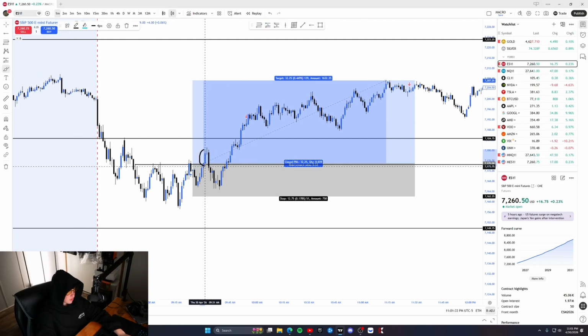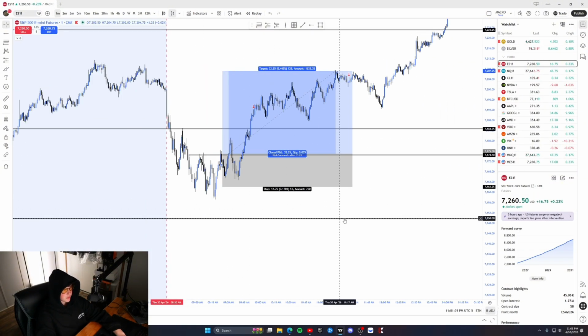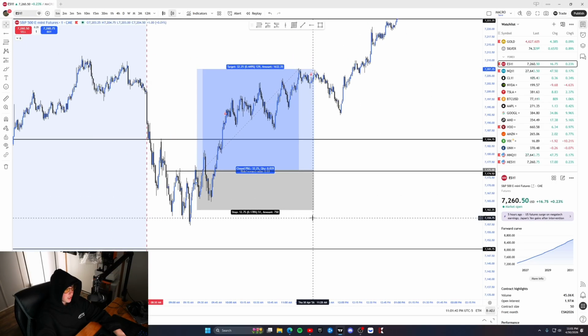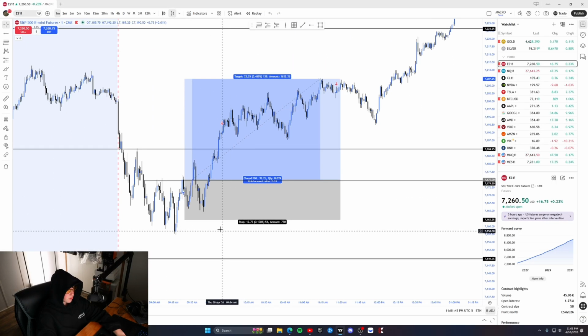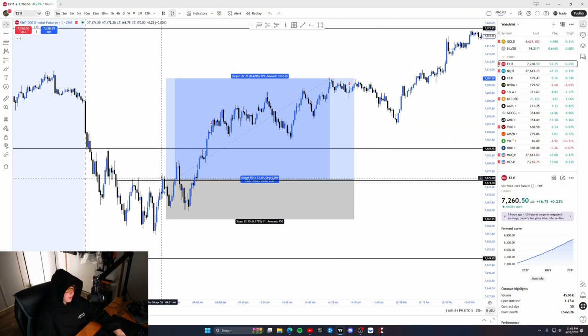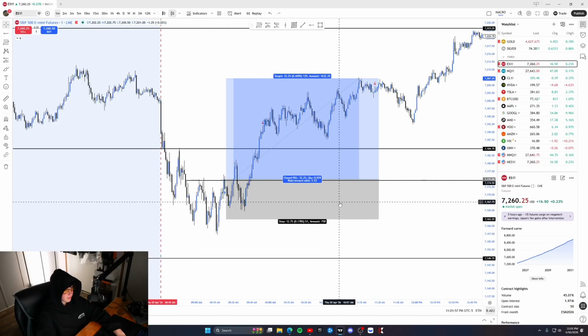Okay, so that would have been a way better entry there. That's what I would have done better, because I want y'all to be able to take better trades than I do, because I actually give free value here. So yeah, I entered here. Not the greatest entry, but I was just looking for a candle close at least above it. This would have been a better entry.